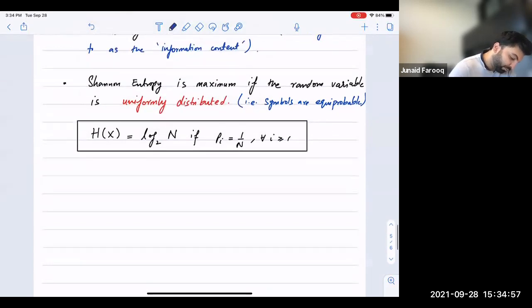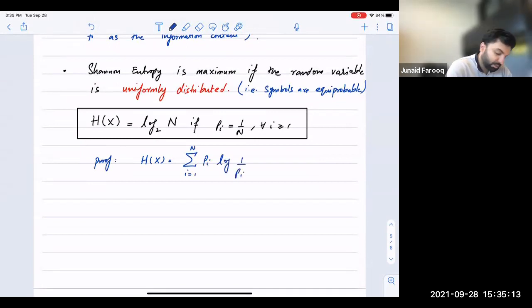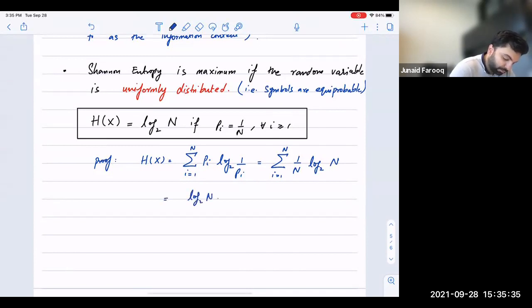And we can do a quick proof, because if you compute H of X, by definition it's the sum i equals 1 to n of p_i log 1 over p_i. If all the p_i's are 1 over n, then the summation becomes sum over i equals 1 to n of 1 over n times log 2 of n. And if you compute the summation, it's just going to be log 2 of n.